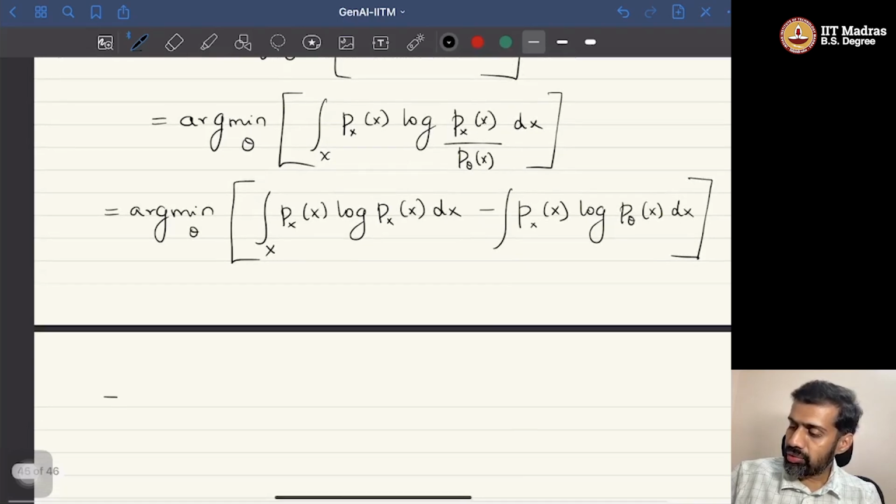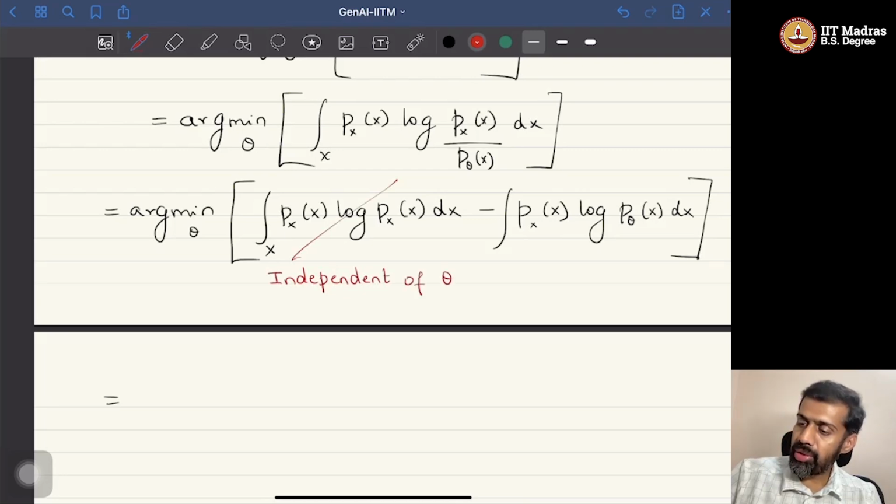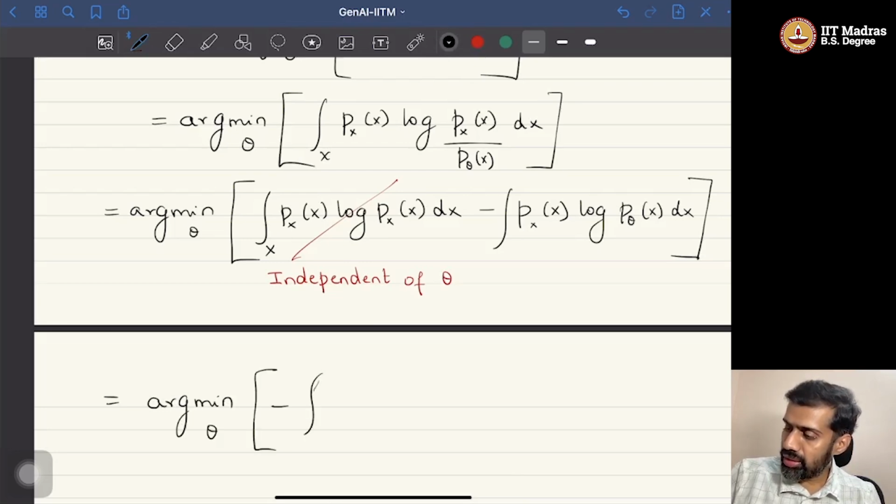Now I can remove the first term from the optimization because it is independent of theta. Therefore I can write this as: I want to minimize the negative of integral Px log P theta x dx.